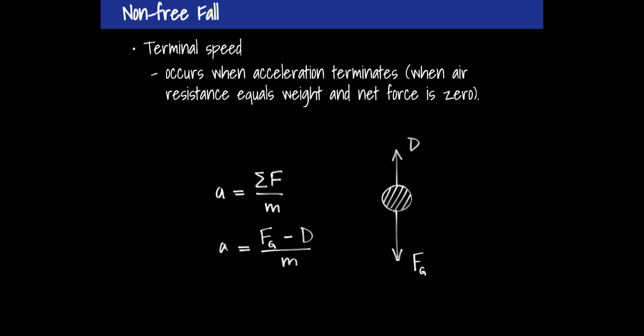When I stick my hand out the car window, I can really feel the air because the car is traveling very fast. The faster you go, the larger the drag is. And the drag gets bigger and bigger and bigger until the net force here in the numerator becomes 0. When that happens, the acceleration is 0 and you fall at constant speed.